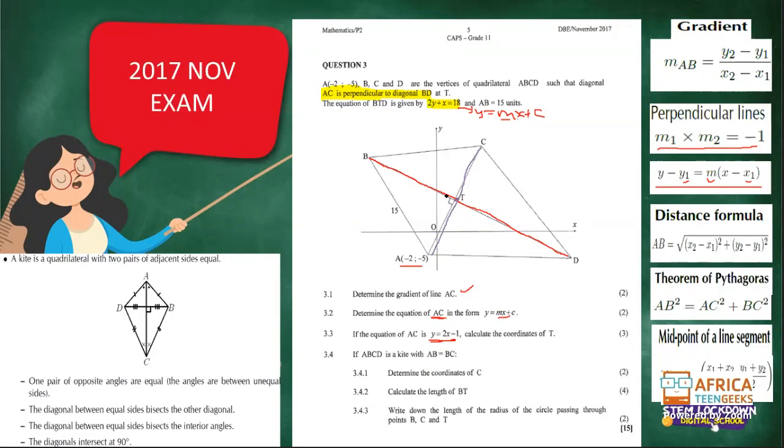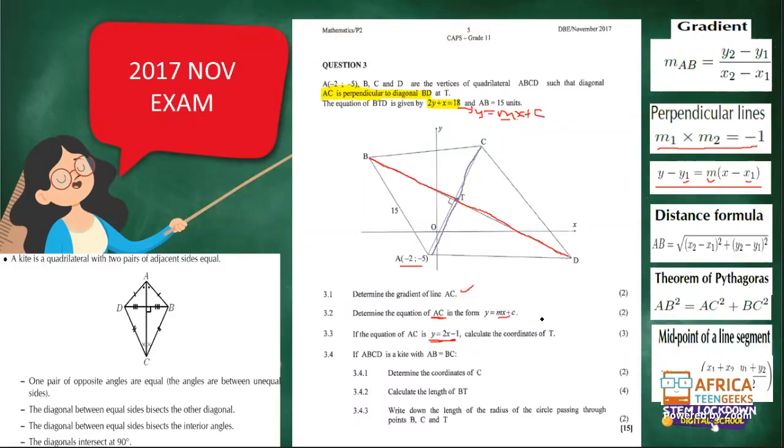So it means the y value of line BD and the y value of line AC at this point will be equal. So the x and y values of these functions will be equal. Hence, we equated our functions. So we equated our function of AC and the function of BD and solved for x and y.